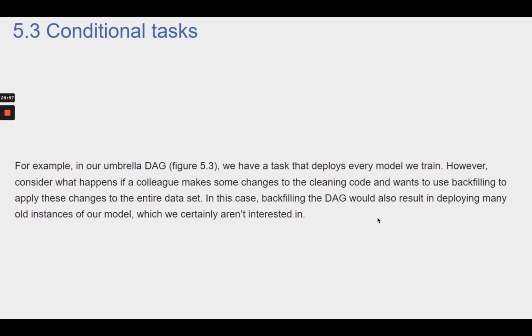However, consider what happens if a colleague makes some changes to the cleaning code and wants to use backfilling to apply these changes to the entire dataset. In this case, backfilling the DAG would also result in deploying many old instances of our model, which we certainly aren't interested in.